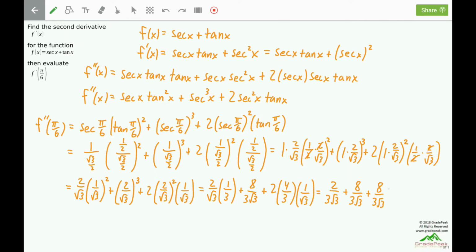We can now add these together. 2 plus 8 plus another 8 is an 18 over that common denominator. We can then divide the numerator and denominator each by the 3, and the 18 will cancel down to be a 6. So we end up with 6 over root 3.